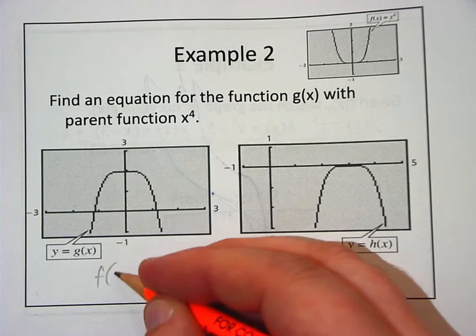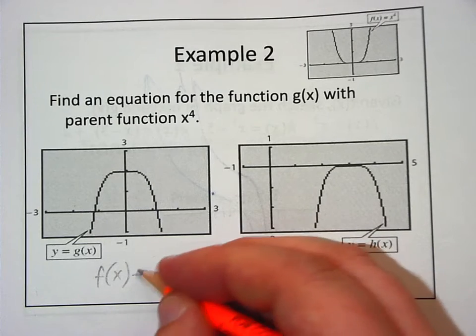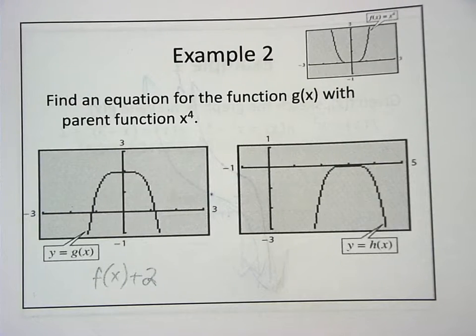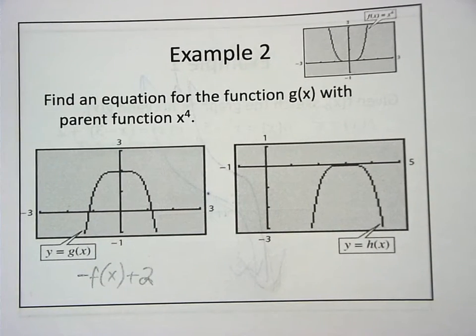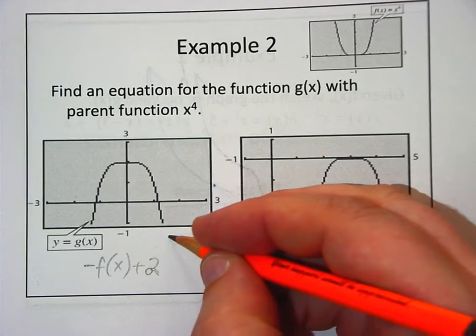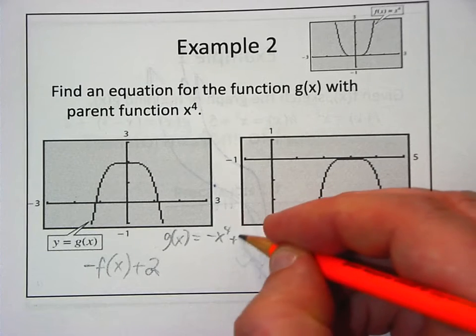So I'm going to take the regular f of x function. Am I going to add 2 to the x or to the whole function? The whole thing. And what am I going to negate? The x or the whole thing? Whole thing. So I'm going to put a negative here. So that's the kind of default with f of x. Now if I apply it to x to the 4th, the actual function here is g of x is equal to negative x to the 4th plus 2.